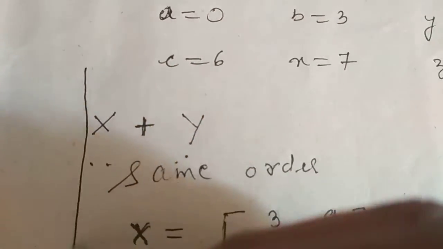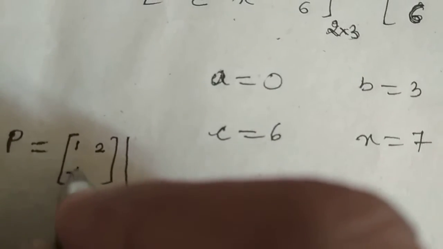Suppose we'll just draw a small line over here. Suppose you have a matrix P. It is a square matrix and we have what? Elements 1, 2, -1, 5.